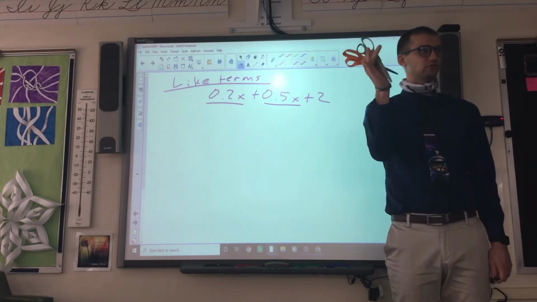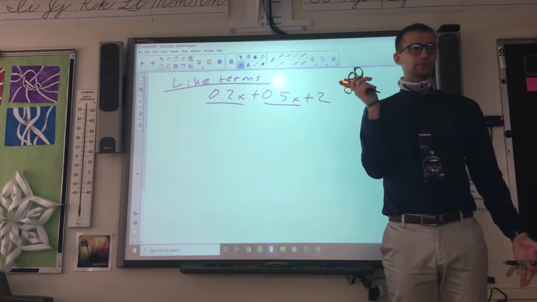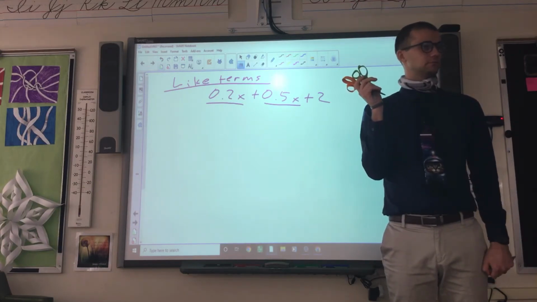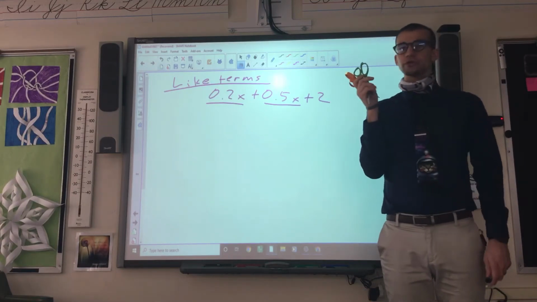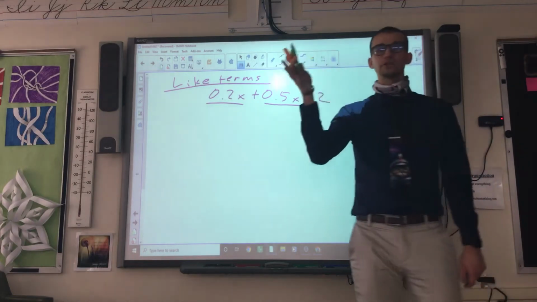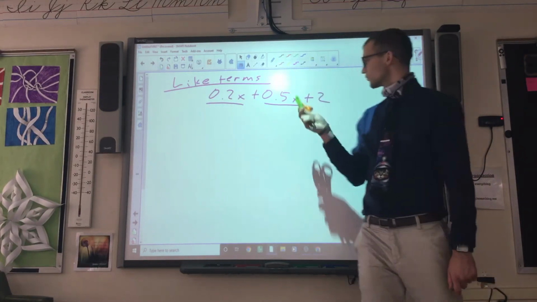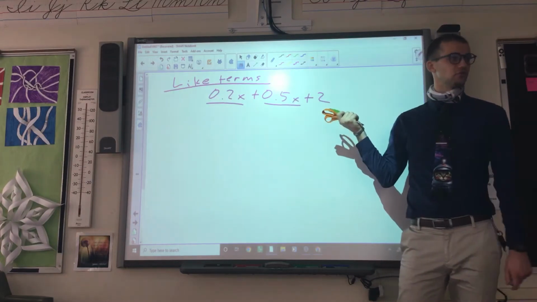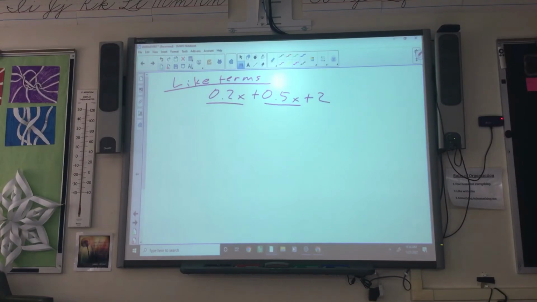Do you know what that something is? Potato chips? No, you don't know what it is. So you can't add 2 scissors plus an unknown something else if they don't tell you what it is. So you can't add x and 2 because you don't know what you're actually adding together.